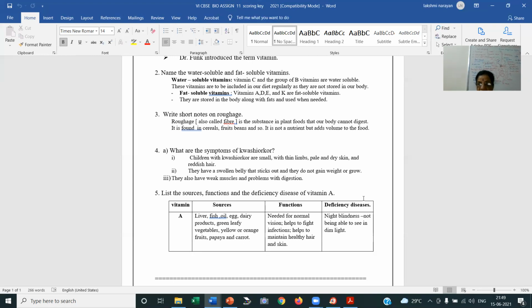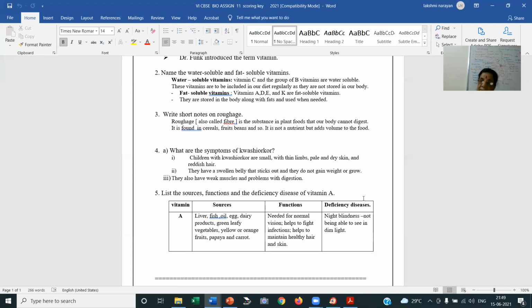These food sources are rich in vitamin A. The functions: it is needed for normal vision, helps to fight infections, and helps to maintain healthy hair and skin.